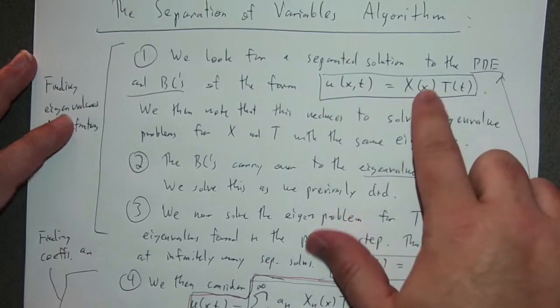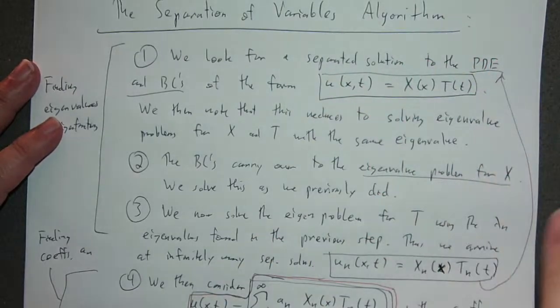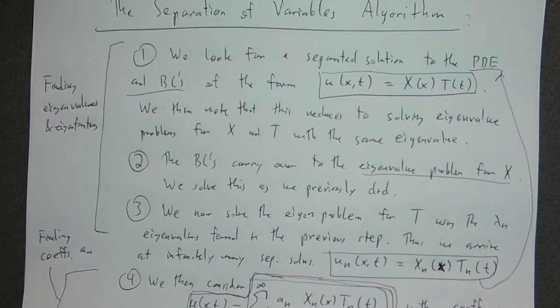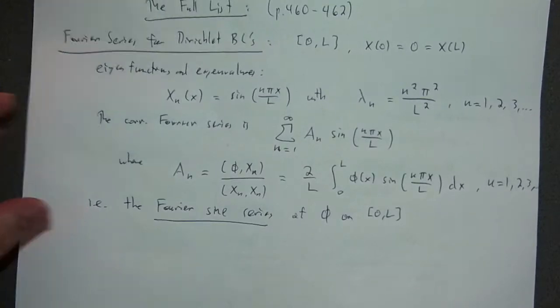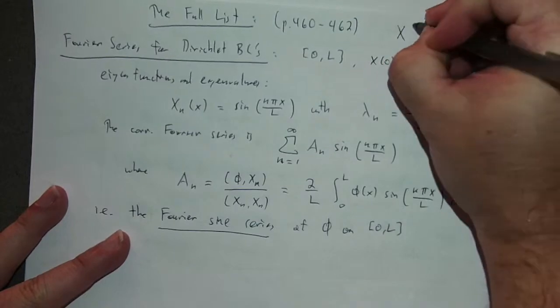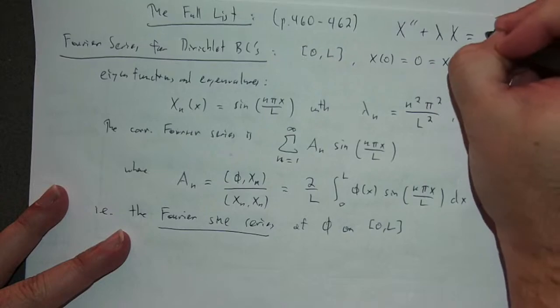And then we note that if this is going to satisfy the PDE in question, this is going to lead to some second order ODEs, typically, that are going to involve those eigenvalue problems that we have canned eigenfunctions and eigenvalues for, that we solved earlier. Ultimately, all of these are solutions to the eigenvalue problem X double prime plus lambda X equals 0.